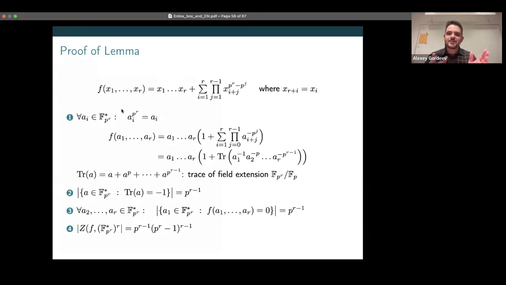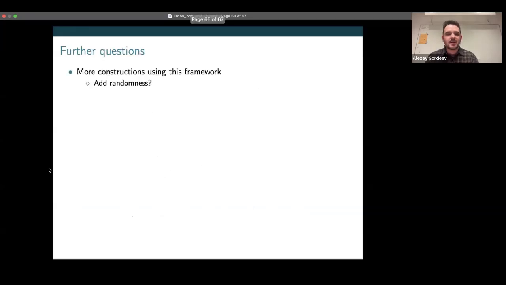For this polynomial, how I found it is I did a computer search for two variables in small finite fields, then noticed some symmetries, and then figured out how to expand it for any number of variables for any r, but in general, it seems hard to find interesting polynomials in this sense.